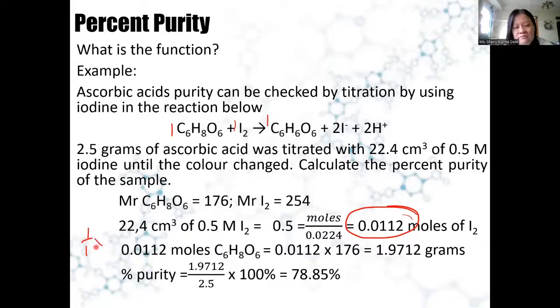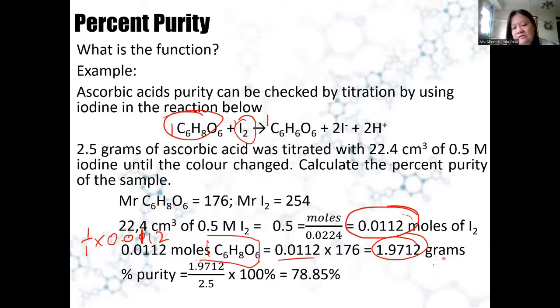Because the ratio is 1 to 1, the moles of ascorbic acid equal the moles of iodine: 1/1 times 0.0112. This is the mole of ascorbic acid. We multiply it by the Mr to get the grams.